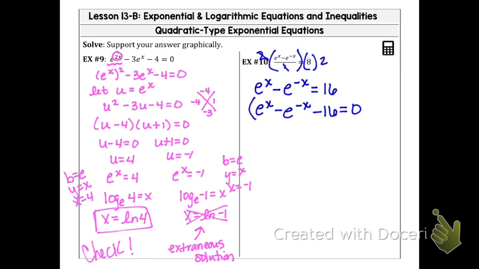So what will happen if I multiply to get e to the x squared right here in this first term? I just need to multiply it times itself. So I'm going to multiply everything here by e to the x.